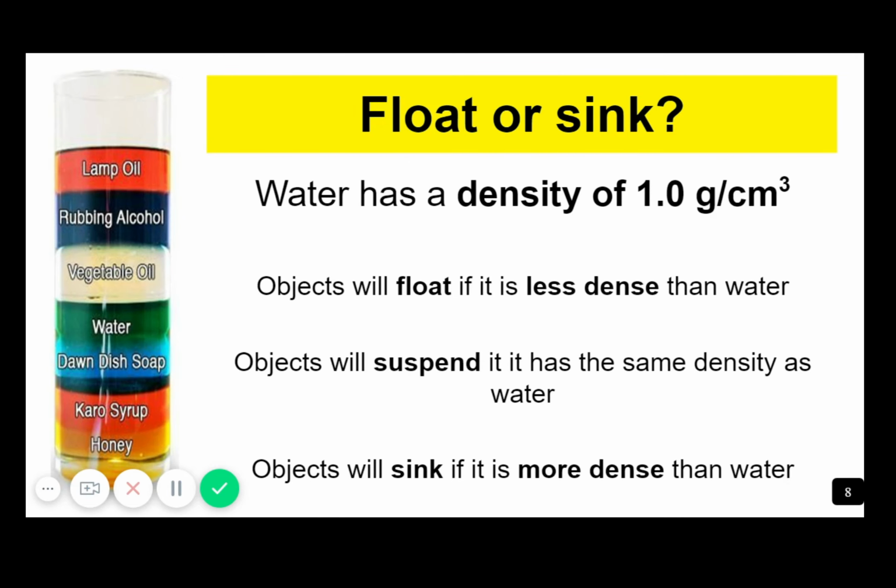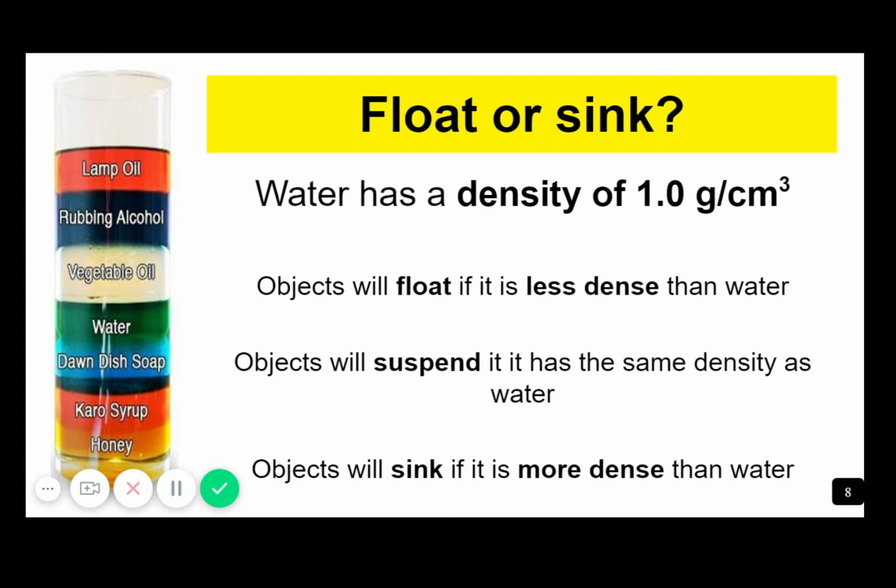Now, before going into the calculation, let us think about this concept of floating or sinking. Water, as we know, has a density of 1.0 grams per centimeter cube. Now, let's look at the left-hand side, where you will see a 7-layer column. You notice that water is in the middle, which separates the first 3 layers and the last 3 layers. If the object were to float when I drop it into this column, it means it's less dense.